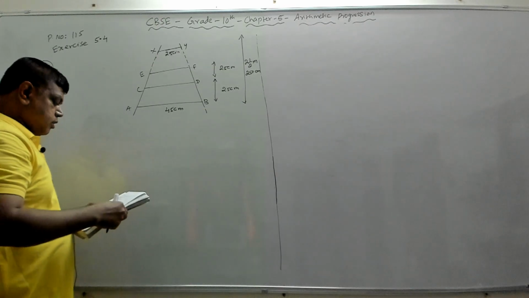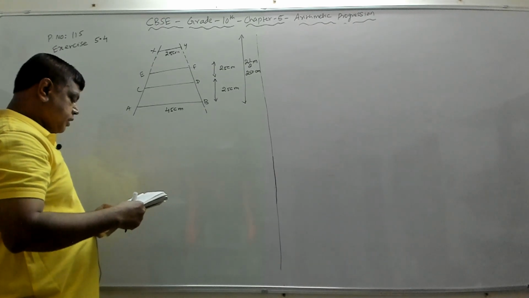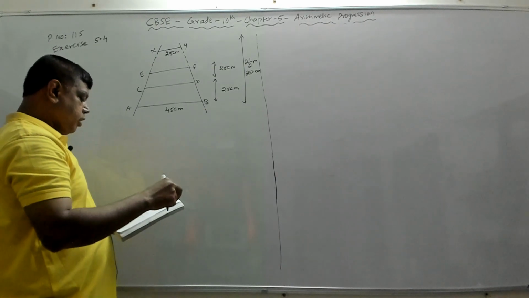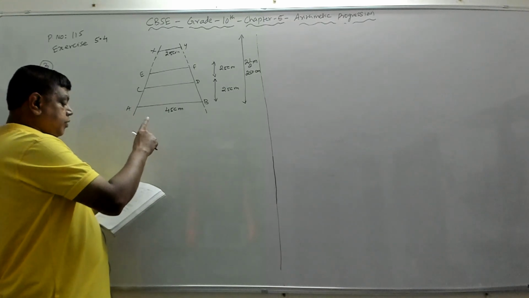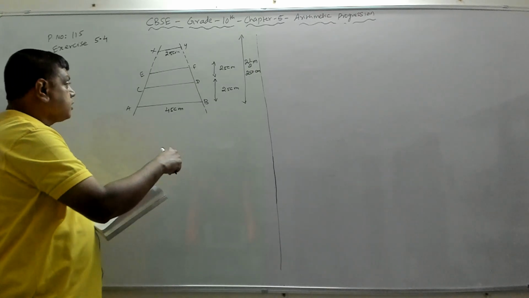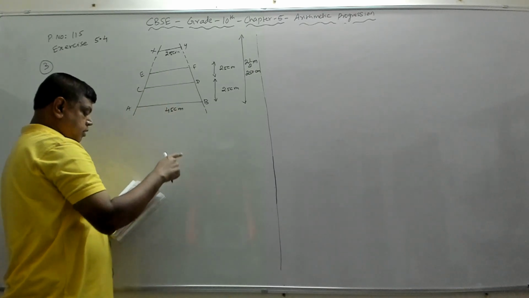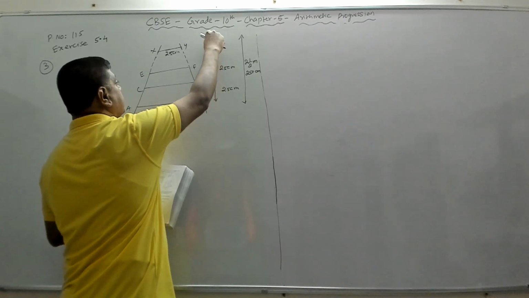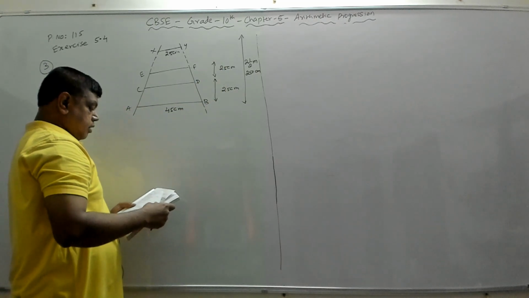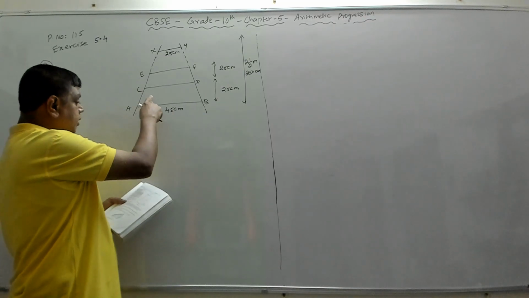Fine. So it says, what is the length of the wood required for the rungs? So I'm again reading the question. A ladder has rungs 25 centimeter apart. So each one is 25 centimeter apart. The rungs decrease uniformly in length.